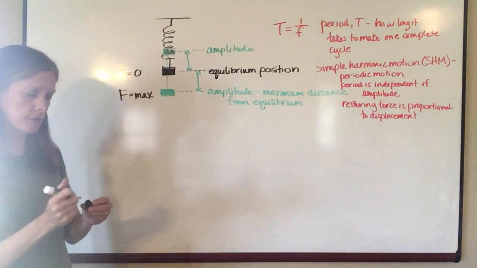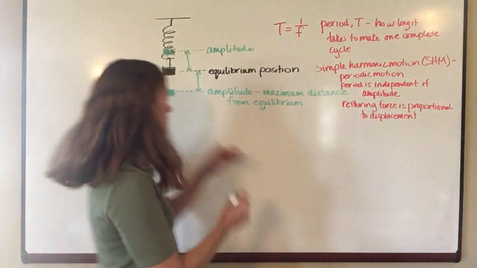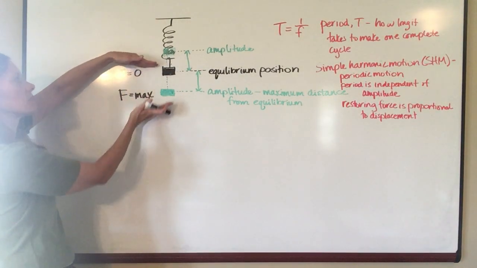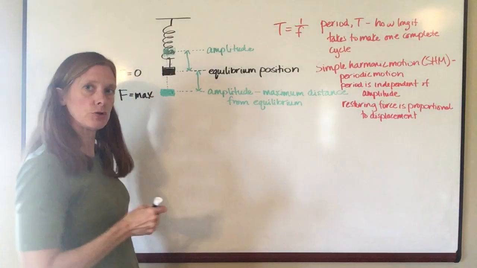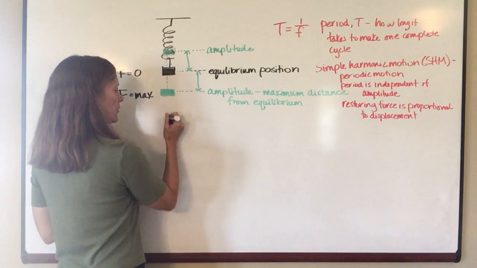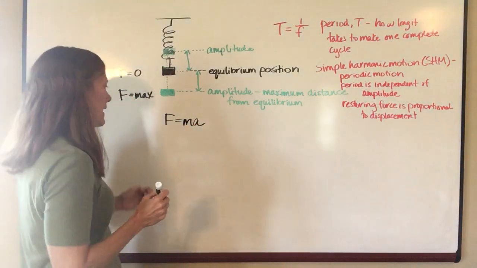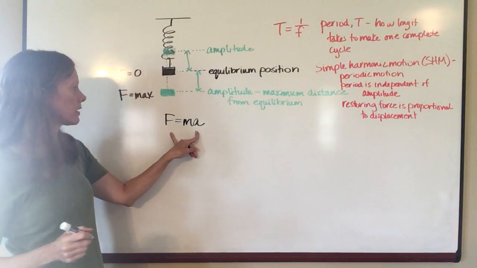All right, that's what I mean when I say the restoring force is proportional to the displacement. The greater the displacement, the more the restoring force is. The less the displacement, the less the restoring force is. Now, you should also remember our old friend Newton's second law, F equals ma, and we know that the force and the acceleration are proportional to one another.